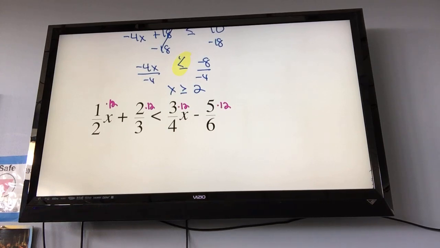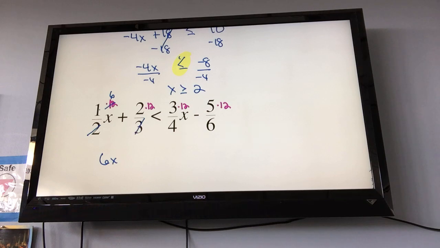Okay, so way number 1. 2 cancels and divides into 12 6 times. So I have 6 times 1x. That's already there, so that's 6x.